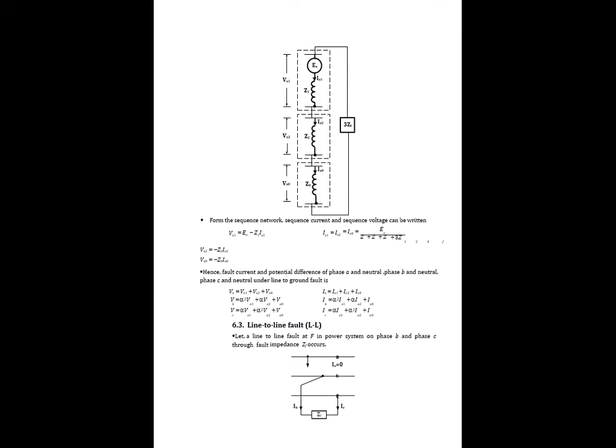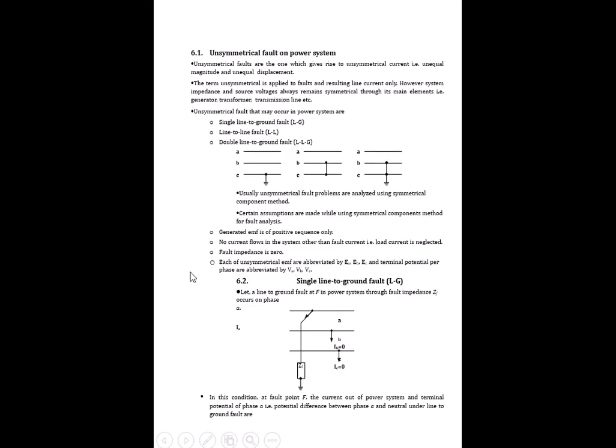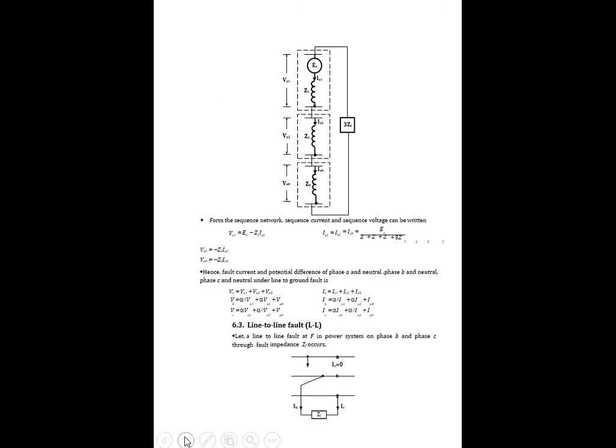We use the same method for all types of fault. There are three major faults, as I already said: first is LG, second is double line, and third is double line to ground. So we discuss all types of fault, and we derive the symmetrical network for all of them also.